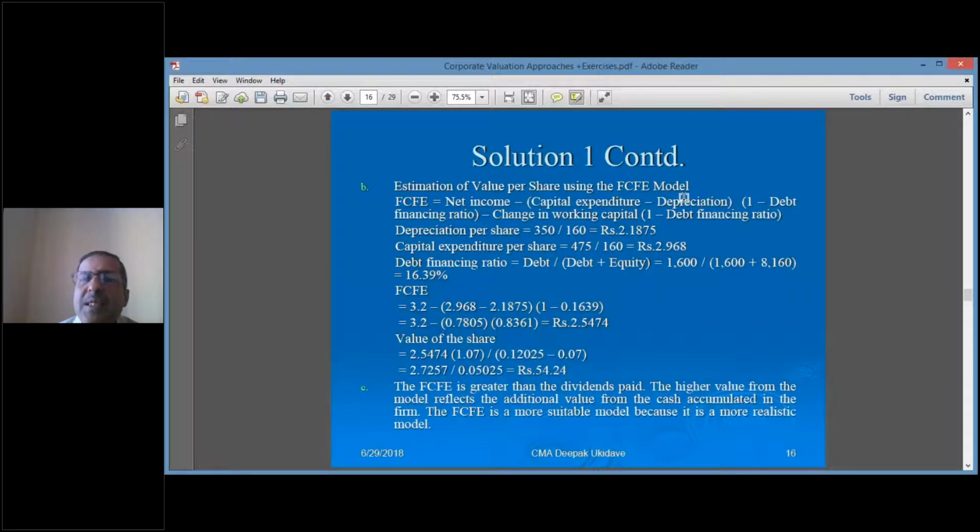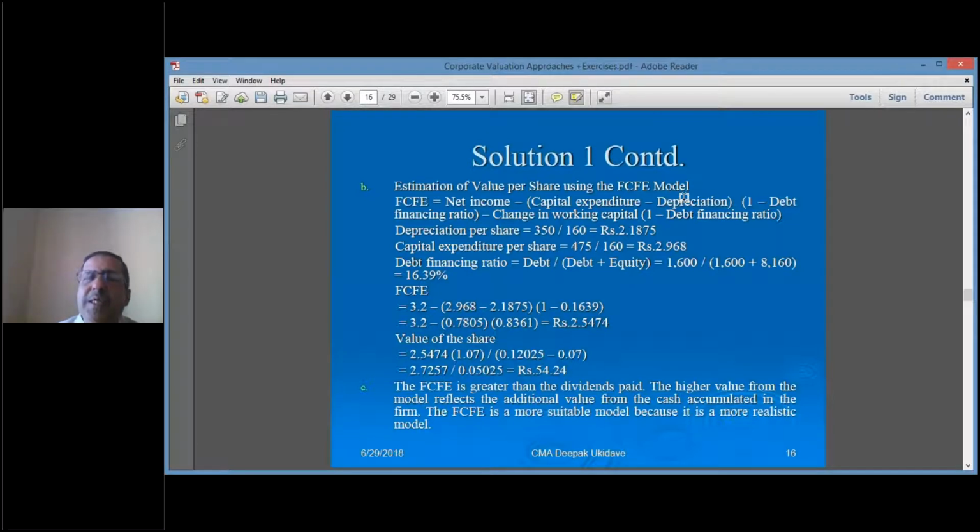And this bracket you multiply by 1 minus debt financing ratio, because when you are using FCFE, it is the equity financed portion of capex. Don't forget to multiply by 1 minus debt financing ratio.